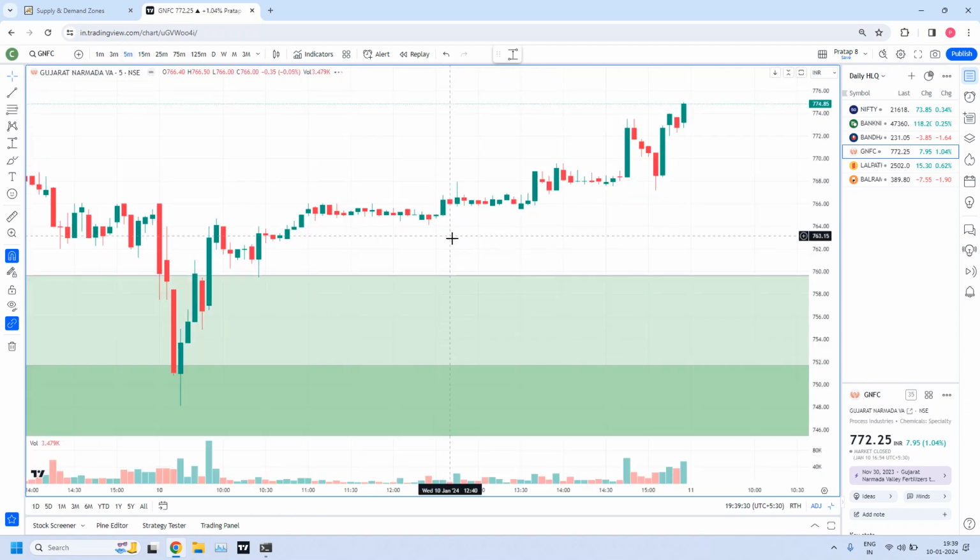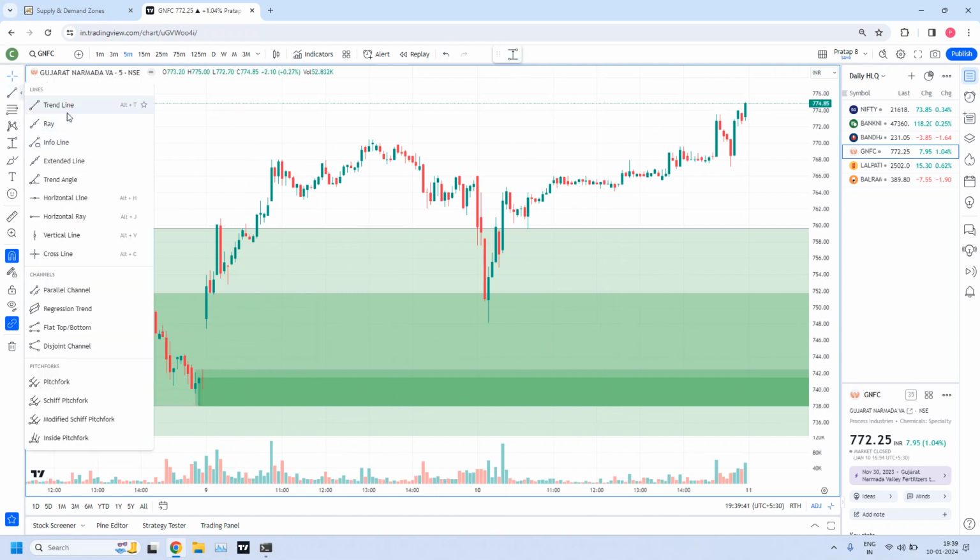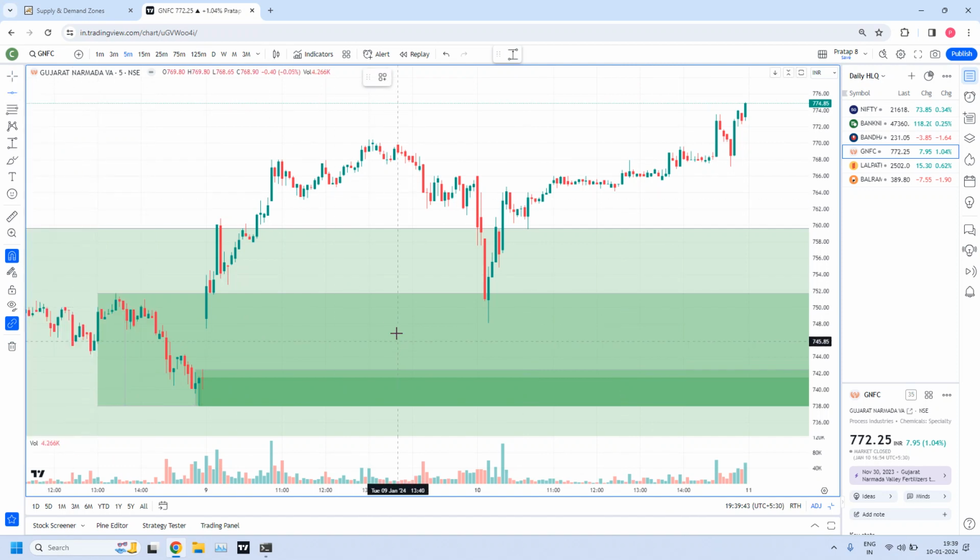Even on 5 minutes, we slightly optimized the risk. Pro area. Today what happened? Prices entered into this pro area, pro gap area. Let me draw the horizontal line. See, from here to here there is a pro gap area. Within this area prices entered.